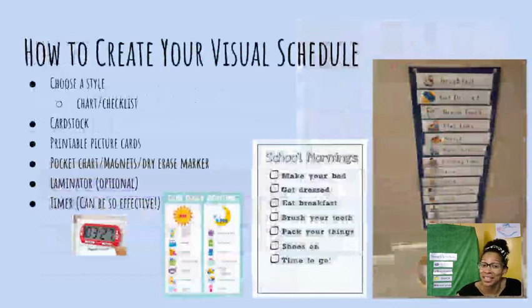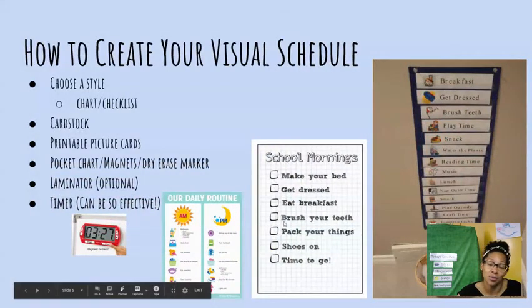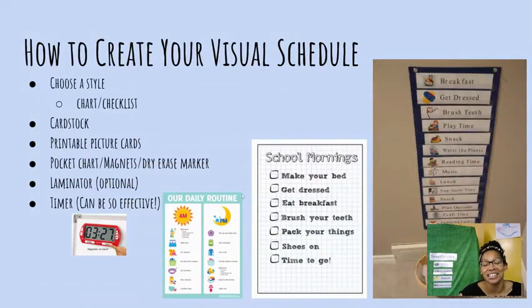If you're thinking about making a checklist, you can laminate it and then it becomes a dry erase board. So now your child can use their marker and check it right off. I have laminator on there as optional. I love to preserve what you've created. And then a timer. A timer can be so effective.